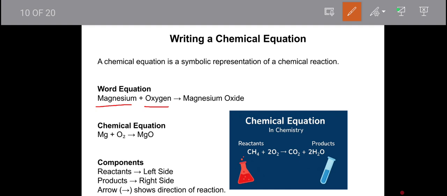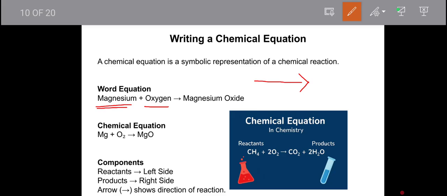Got it? After that, we have to use an arrow, that is a forward arrow we have to use. So in chemistry, whenever you are seeing this arrow along with the chemical equation, you have to read it as gives, that is magnesium and oxygen will be reacting and it will be giving something, right? So gives we will read, okay. So magnesium and oxygen, that are our reactants.